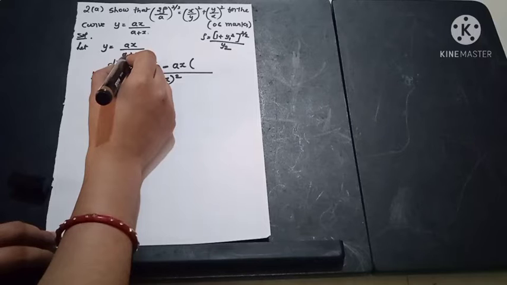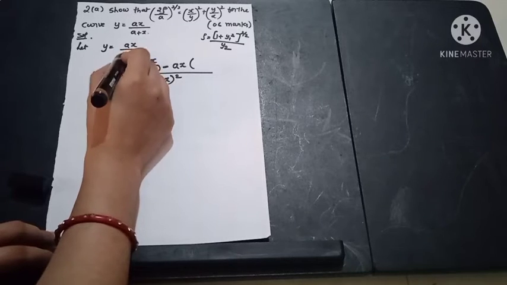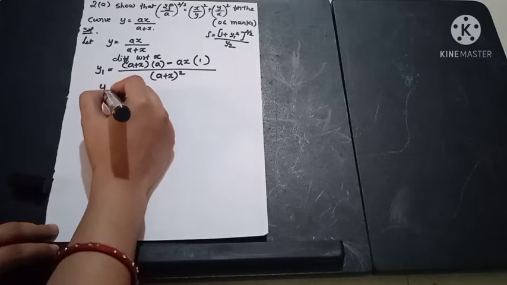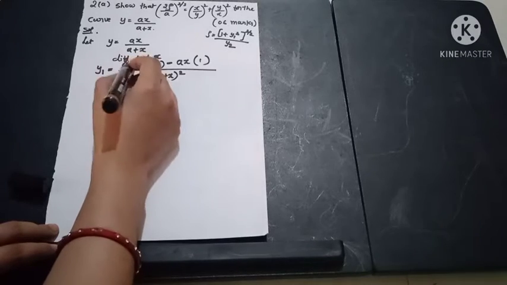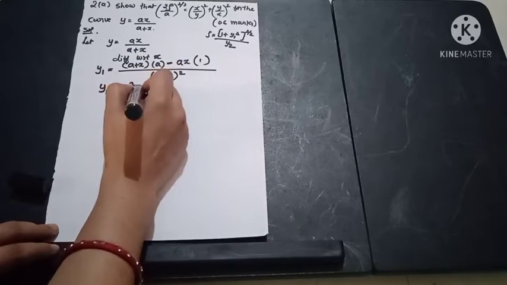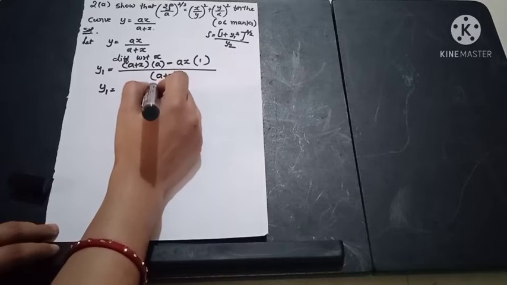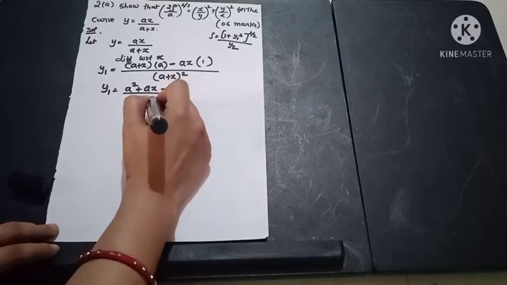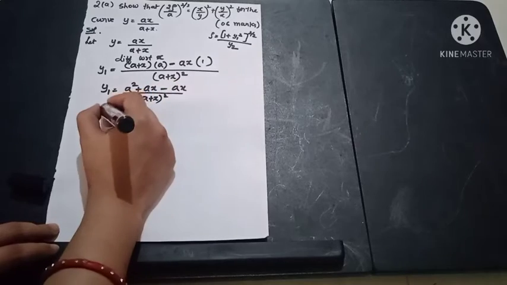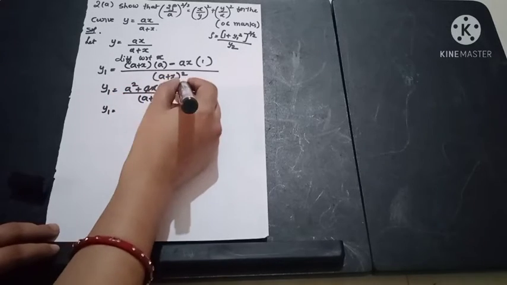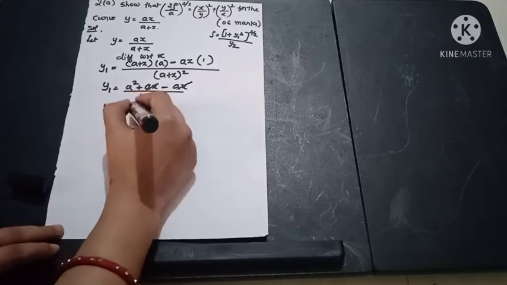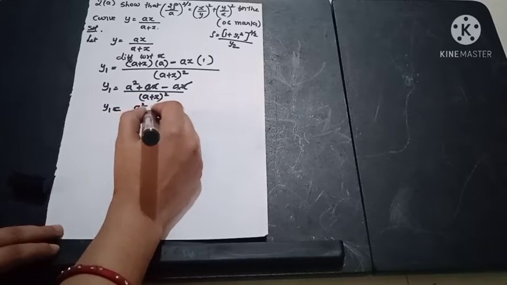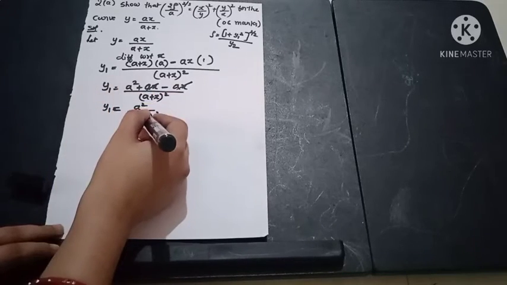Denominator is a plus x, its derivative is 0 plus 1, that is 1. So y1 is a into a is a square plus a into x is ax, minus ax, divided by a plus x whole square. So ax and ax get canceled. y1 is a square upon a plus x whole square. So this is the y1.